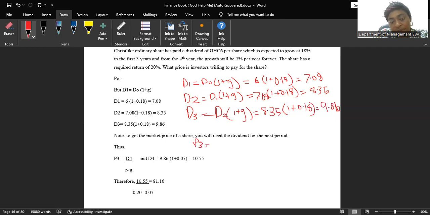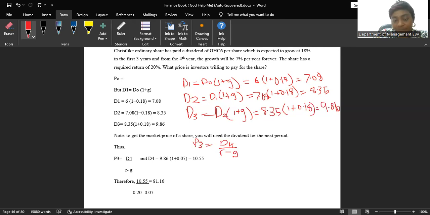To find P3, you have to get the dividend for year 4 and discount, and since we have the rate and growth, that's it.